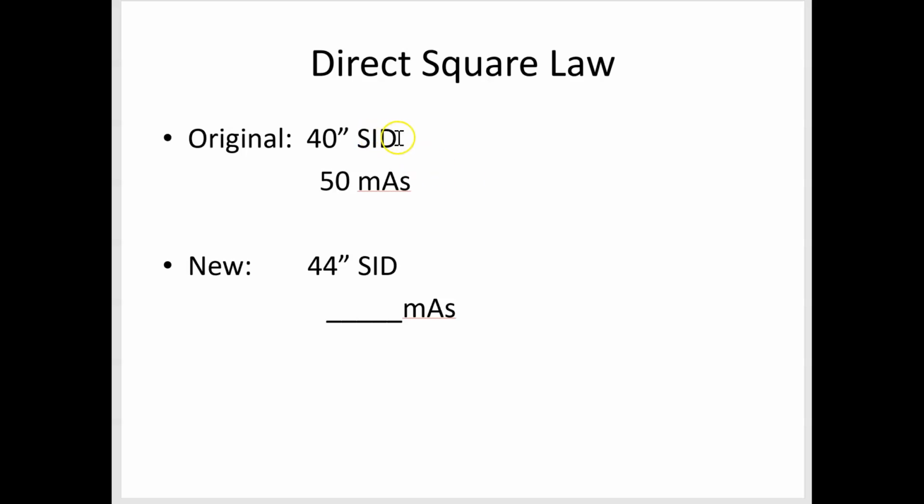Go back and take a look, and we increased our distance. Therefore, fewer photons are going to reach the IR. So if we got a number that's greater than 50, what we started with, then we did it correctly. Always go back and see if the answer you get logically makes sense.